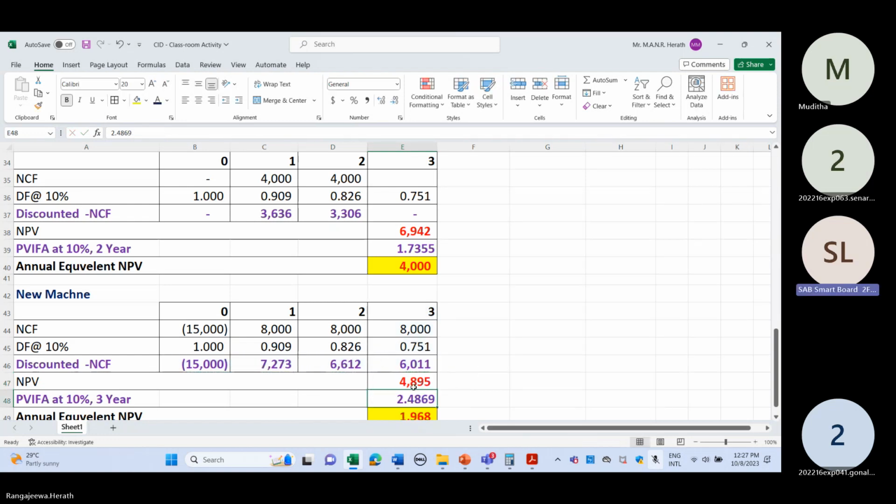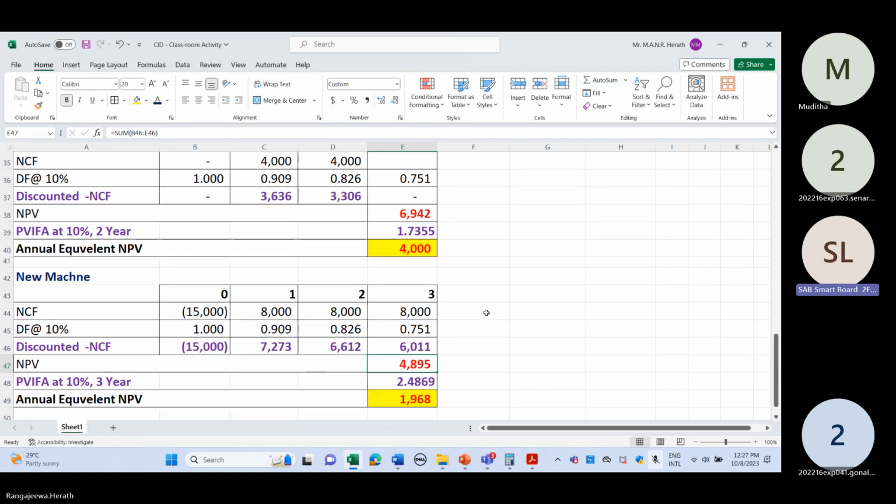Sorry, yes, 4,000 a year comes in. Right. Replacing it there is a loss. Right, there has been a change in this formula. 4,895, so divide by the annual present value interest factor at 10% for 3 years, 2.486, gives 1,968 equivalent NPV.